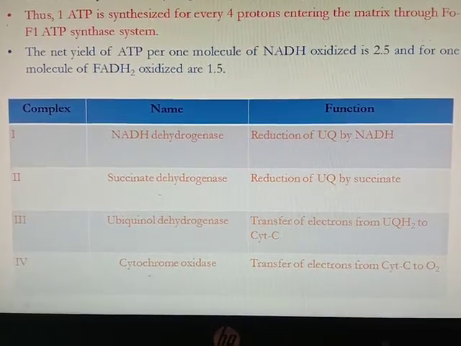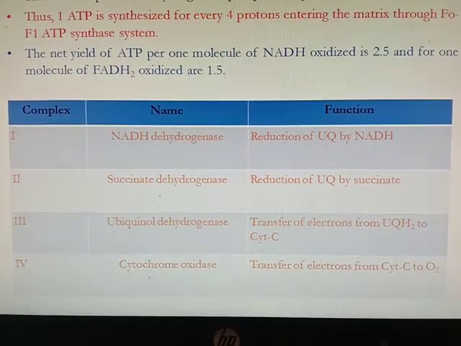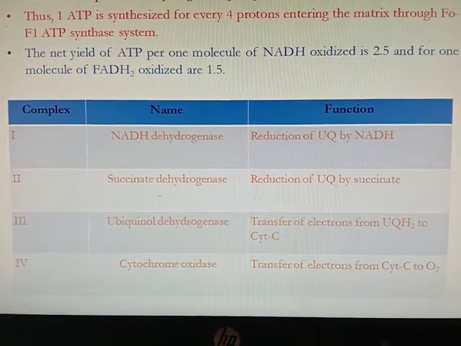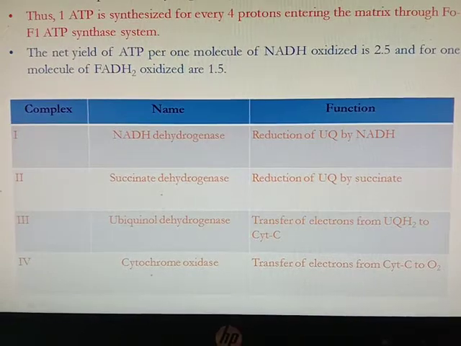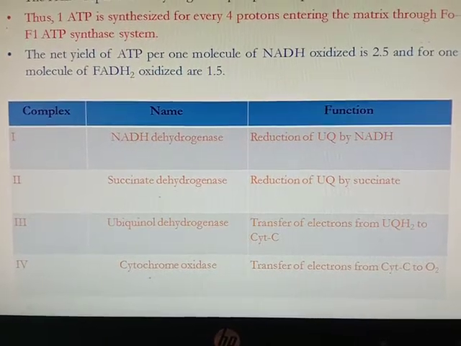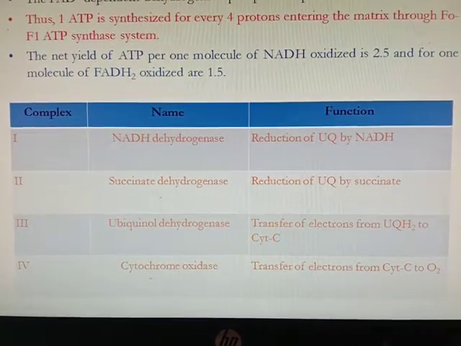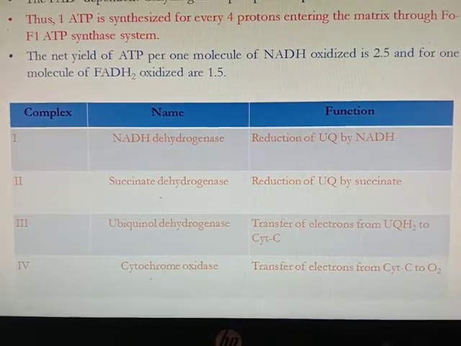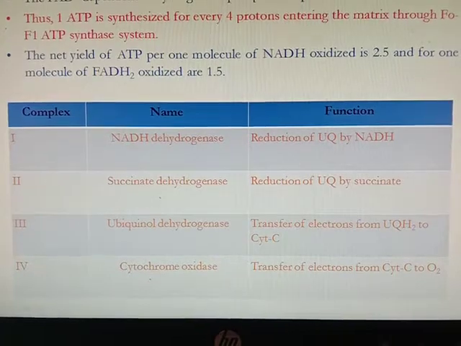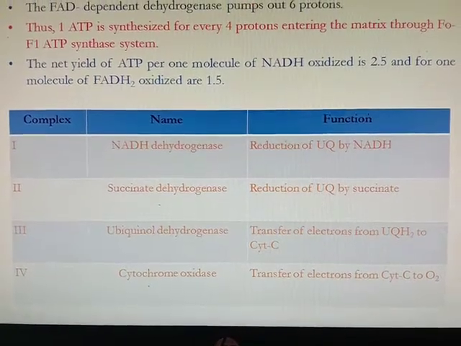Then the third one is ubiquinol dehydrogenase. It transfers electrons from UBQH2, which carries hydrogen derived from NADH and succinate, to cytochrome C. Then complex 4 is called cytochrome oxidase. It transfers the electron from cytochrome C, which derived from ubiquinol, and then to oxygen.